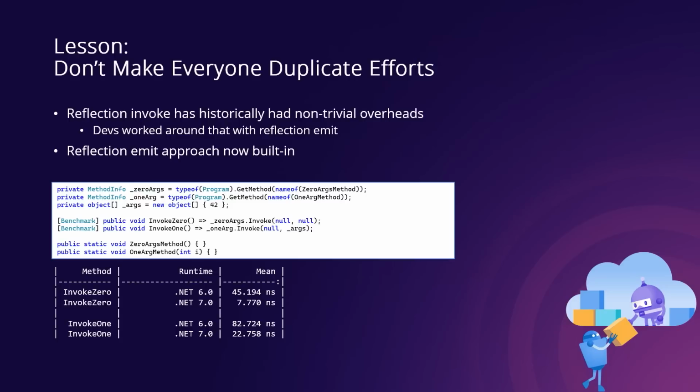It's about 6 or 7 times faster on .NET 7 by having this reflection emit functionality built in. Similarly for the 1 argument method, what was taking 82 nanoseconds on .NET 6 is taking about 20 nanoseconds on .NET 7, about 4 times faster. And this is just one of those things where you upgrade and all of a sudden, if you're doing this in really hot loops, you're going to notice a performance boost.